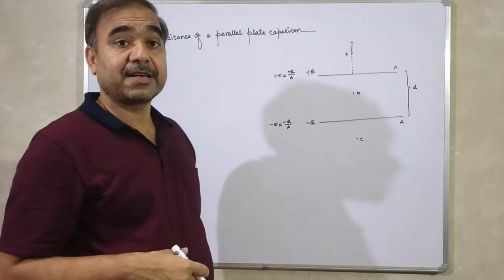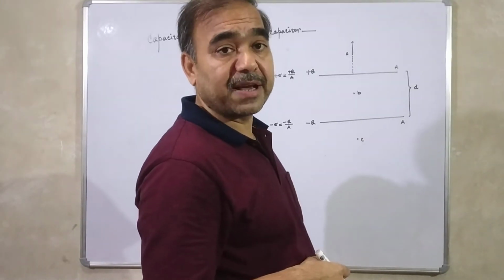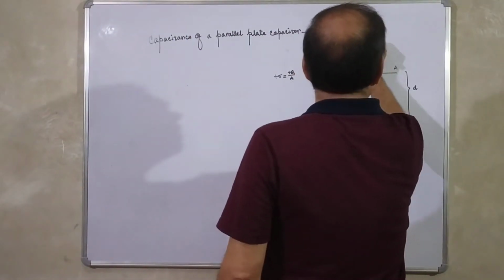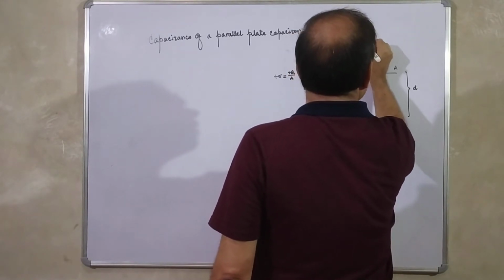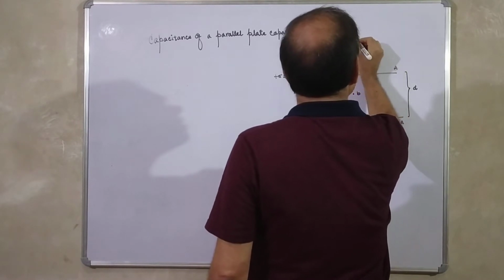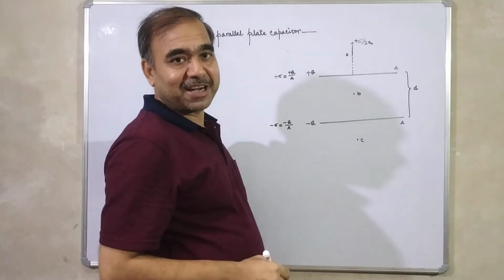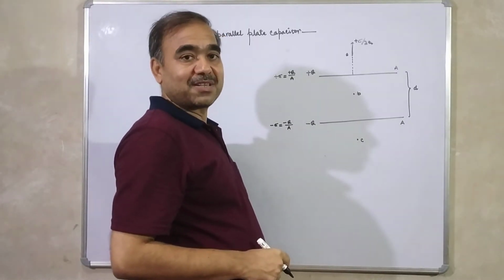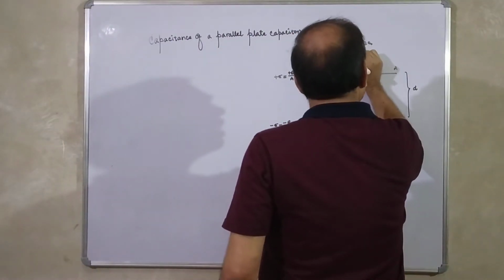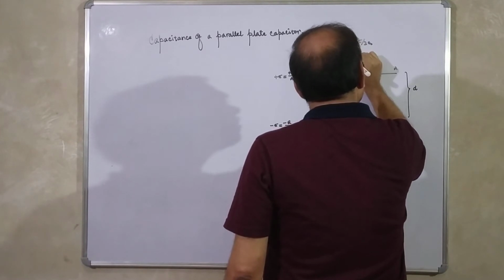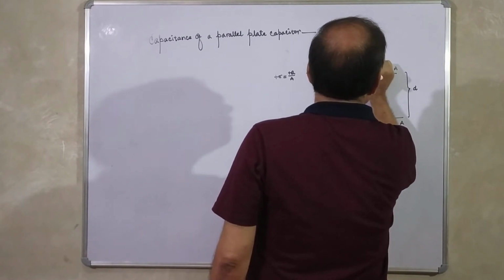Now, you have studied in the application of Gauss law that the electric field due to a plane charge sheet is equal to sigma by 2 epsilon naught. So the electric field will be plus sigma by 2 epsilon naught due to the first plate, and due to the second plate, the charge is negative, so the direction of the electric field will be opposite. At this point, the electric field due to the negative plate will be minus sigma by 2 epsilon naught.